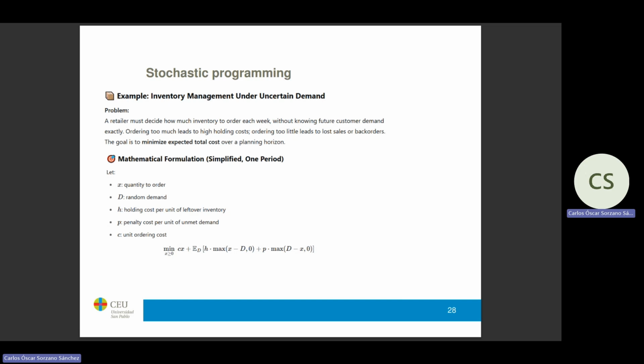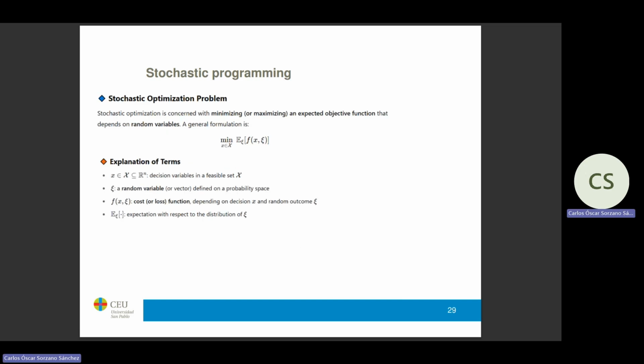So minimize the transportation cost plus the storage cost plus the unmet demand cost. So these problems, in which one of the variables is random, where you have to minimize taking into account the statistical distribution of that variable, are called stochastic programming. And in general, they can be formulated in this way.